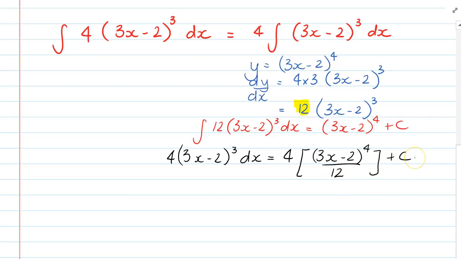This can obviously be simplified further. So we're left with (3x - 2) to the power of 4 all divided by 3, plus c.